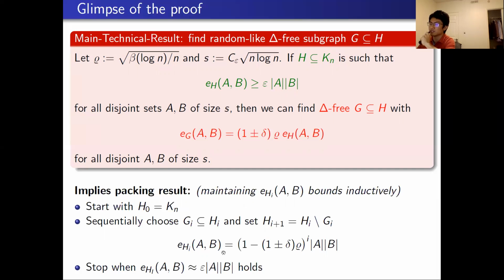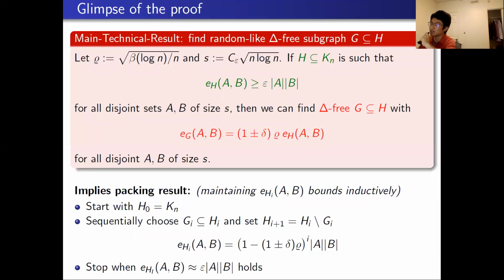The main relation is that each time we remove around a rho fraction of edges from Hi, therefore the number of edges between A and B in Hi is around this fraction to the power of i times the number of edges between A and B in H0.